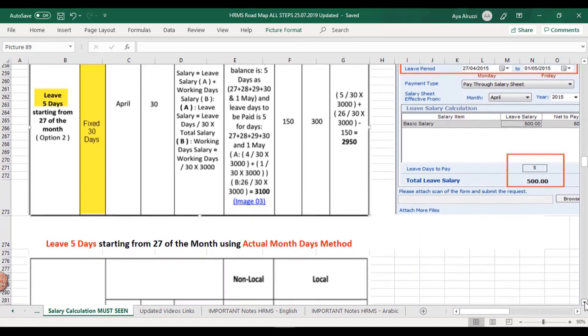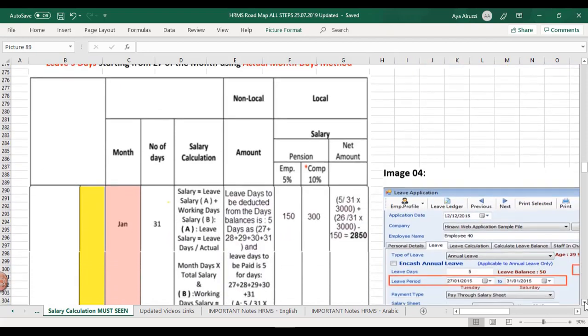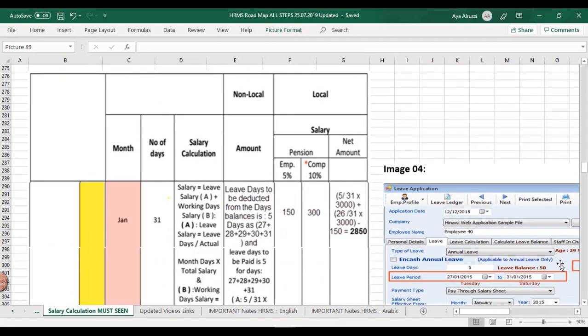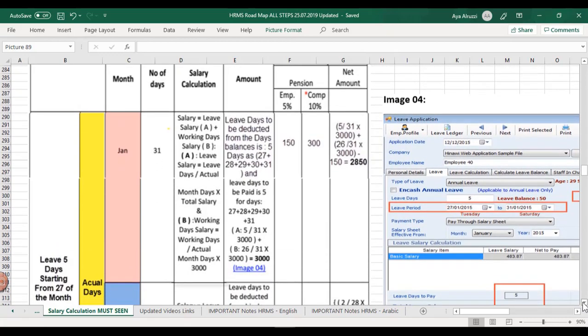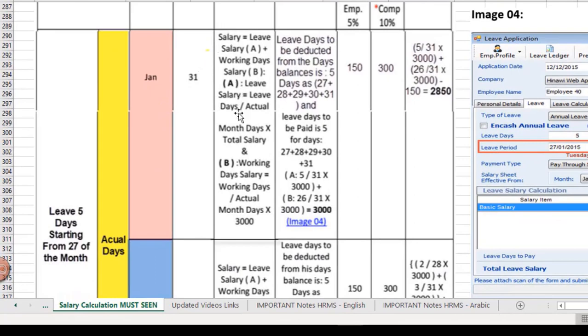Let's finally see the exact same scenario, but this time for actual month days, not for fixed 30 days. So if we're talking about actual month days for leave, this is how it's calculated. The exact same calculation policy, but this time it's not 30. This time it's reading from the month.